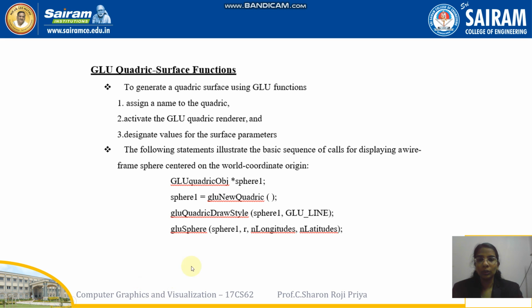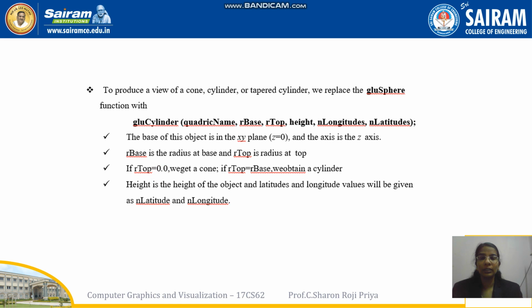So this is my format. Here for sphere, I have named the quadric object sphere. This gluNewQuadric is activating my quadric renderer, and here I am specifying my values. This is for sphere. Next for cylinder, the quadric name, whatever name I am giving.